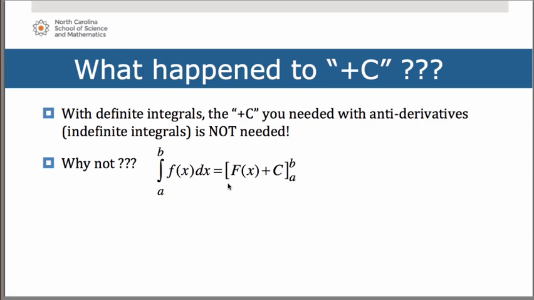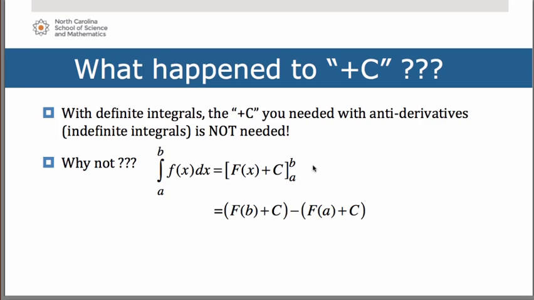Notice the square bracket notation I showed you on the earlier slide. The first fundamental theorem of calculus instructs us that we first evaluate this antiderivative by substituting in the upper limit of integration. So we would have capital F of b plus c, then it's minus, and now we substitute in the lower limit of integration, a. If we were to start simplifying this expression, we could now distribute the negative over that second quantity.